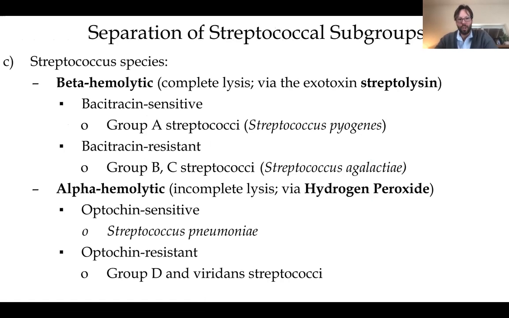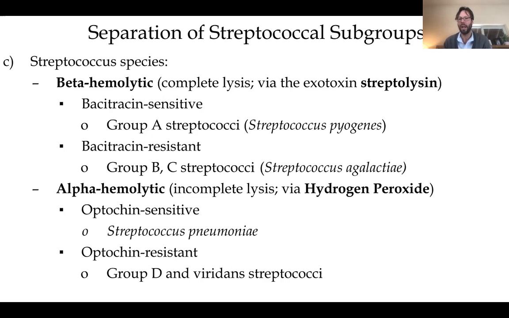Different subgroups. So we have beta hemolytic and alpha hemolytic. Both of them are hemolytic, meaning they break down hemoglobin. The difference is that beta completely breaks it down, whereas alpha hemolytic partially breaks it down.